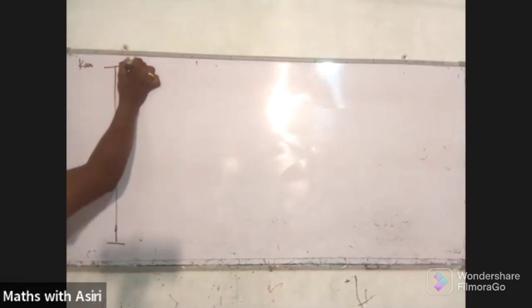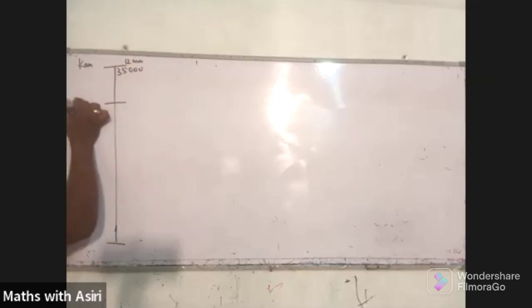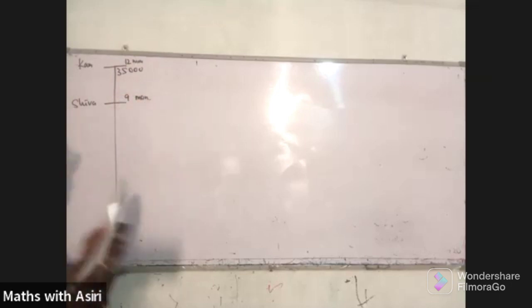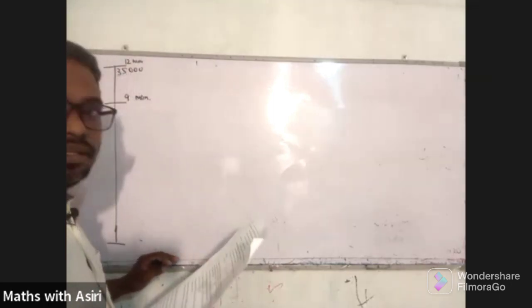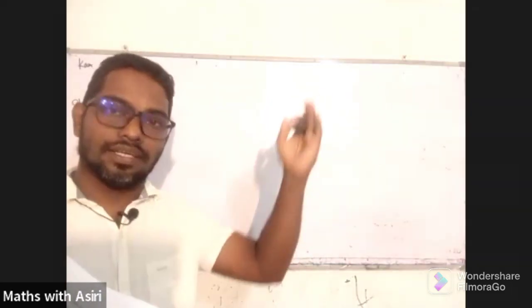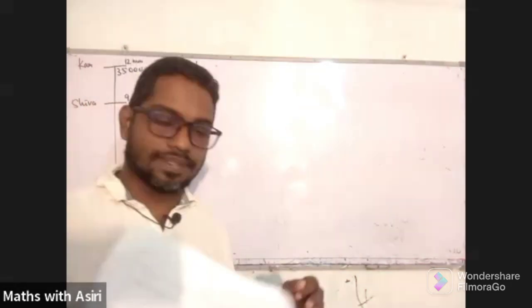That means 12 months, investing 35,000 rupees. After 3 months, Shiva joins. That means 9 months, because when we consider up to December, Shiva joined only for 9 months, since he joined the business after 3 months.